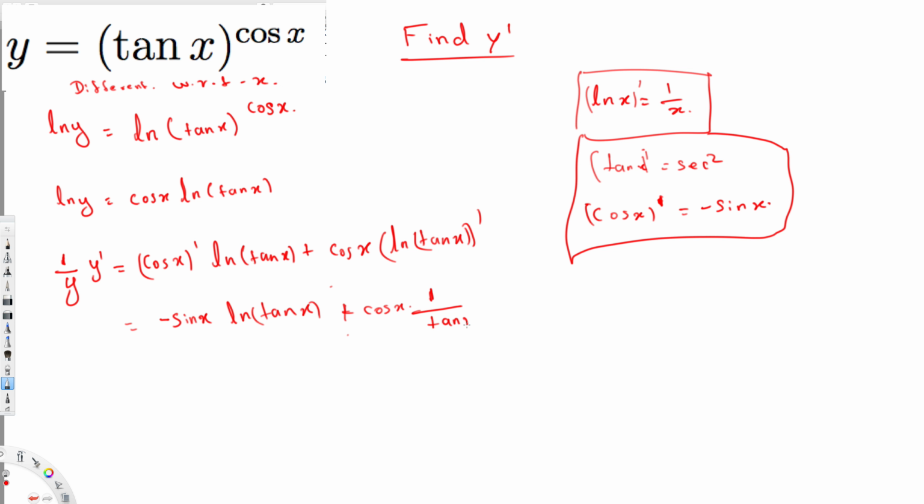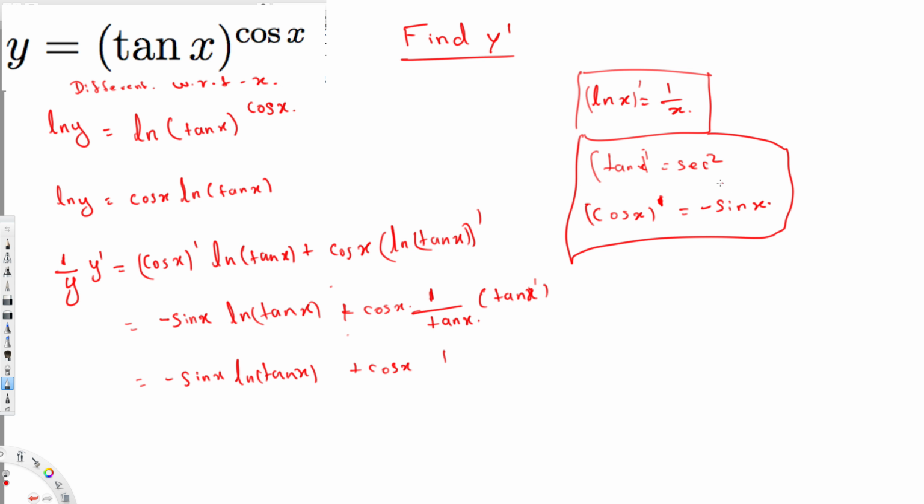But whenever we find the derivative of a trigonometric function inside, it's going to be a chain rule. So we have to find the derivative of tan x here again. It's going to be minus sin x ln tan x plus cos x.